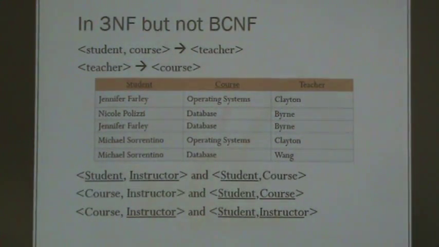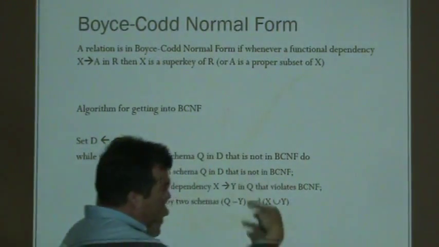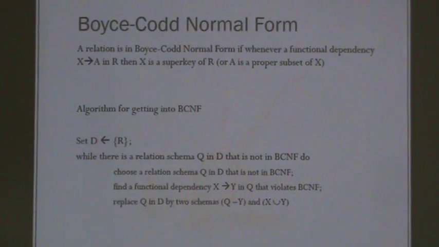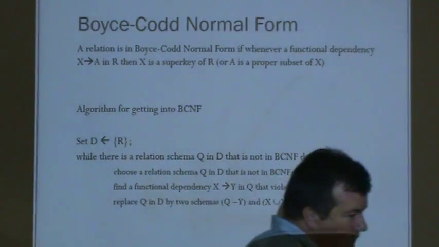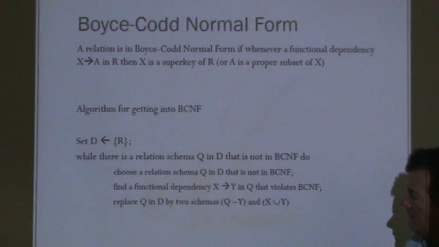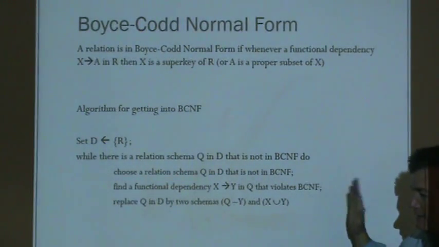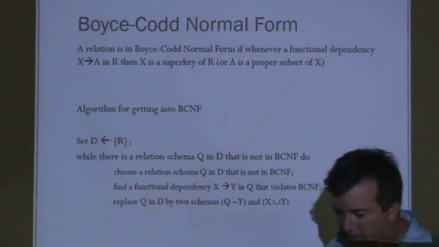And the idea is to just keep applying this over and over until you break down your tables enough so that you never have that violation of Boyce-Codd normal form, which is that one field can tell you another field, and that one field is not a superkey of the table.